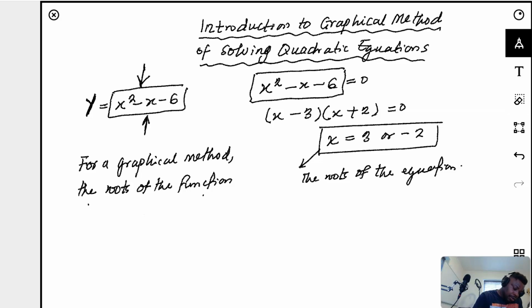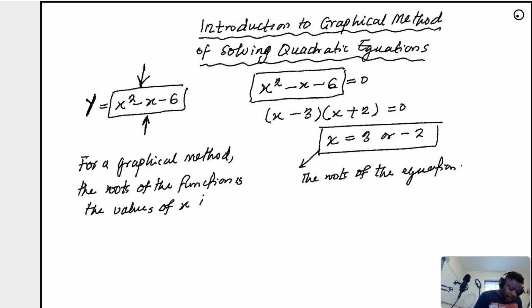The root of the function is the values of x when the function is equal to 0.